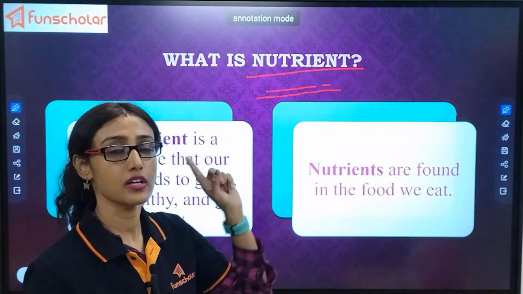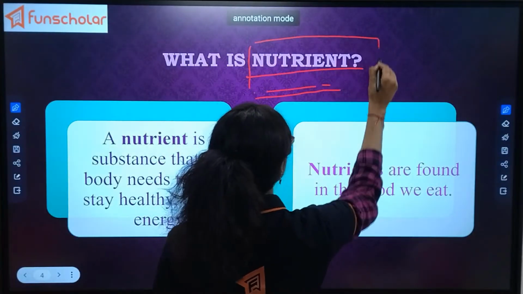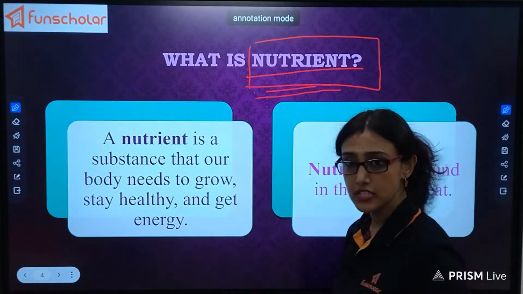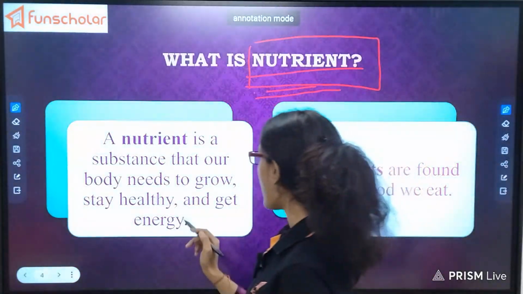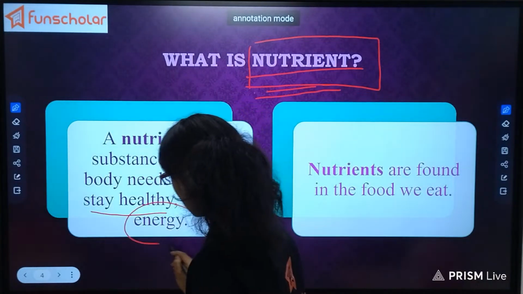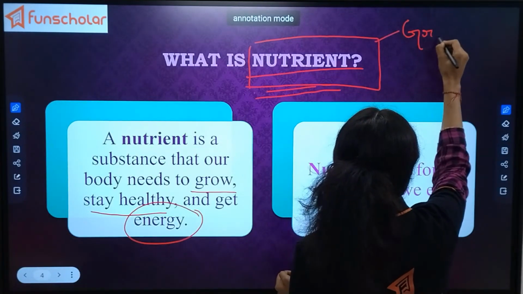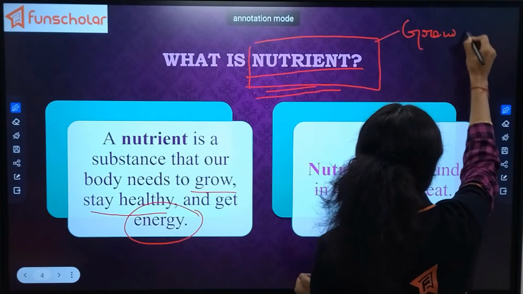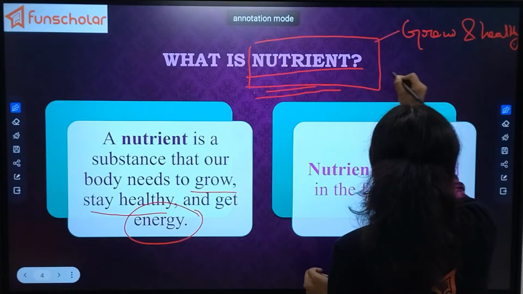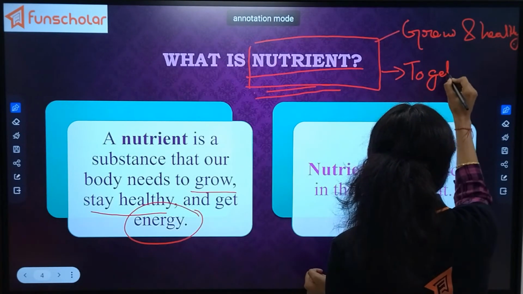From this slide, you just need to remember the main point that nutrients are some kind of substances that is very much essential for our body. Why? To grow and remain healthy, and second point is to get energy.